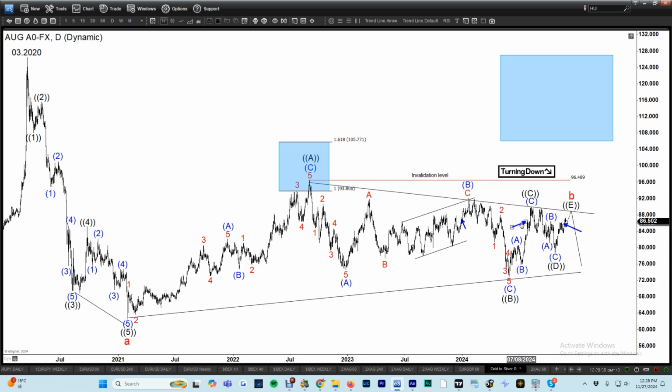So I'm left with the possibility that we are doing some sort of sideways triangle now, right? We are in a big multi-year triangle, and if I measure, it is A, B, C, D, and we're in the last stage, the E leg, which is going to end the B here. Once that is complete, we can then turn lower for real.